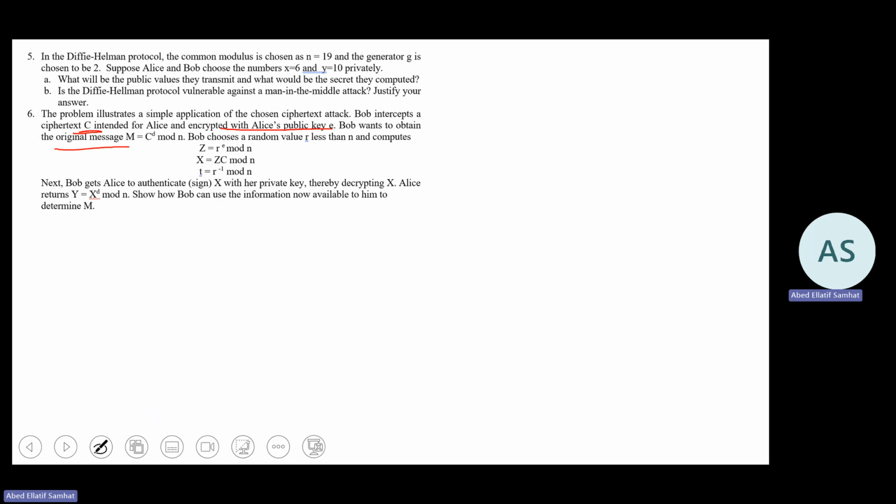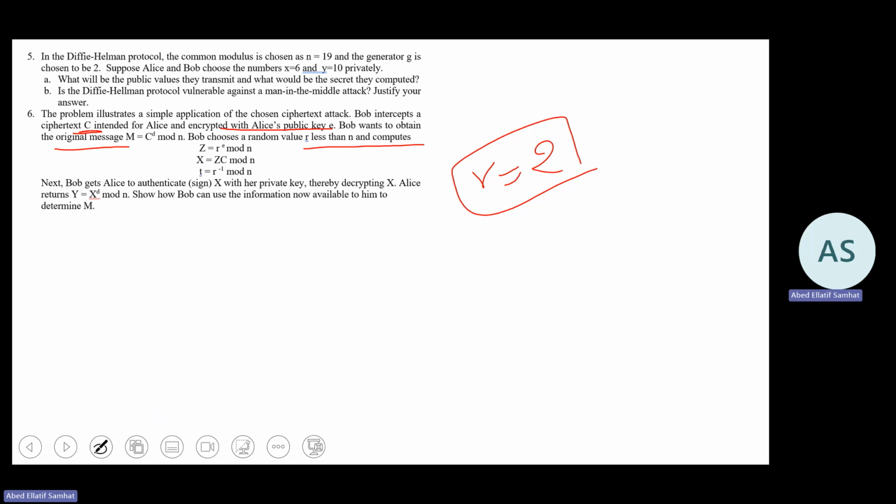Bob chooses a random value R less than n and computes R to the power E, which we call Z. After that, he multiplies Z times C. Remember that in the course, I presented the case where R equals 2. So X equals Z times C modulo n, and then T equals R minus 1.